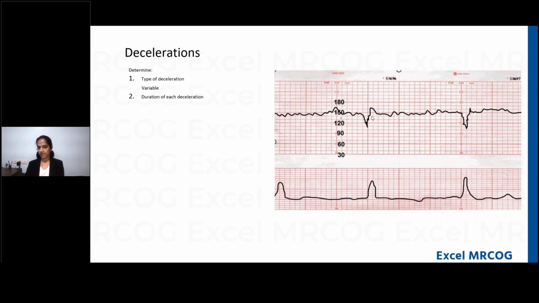It may not be 30 to 40 seconds, because remember, you have to understand the speed of this. Now you see the cursor? You can see the cursor, right? This is 1 minute. So you can say that this deceleration is lasting for almost 1/3 of the 1 minute time. So 1/3 would be 20.